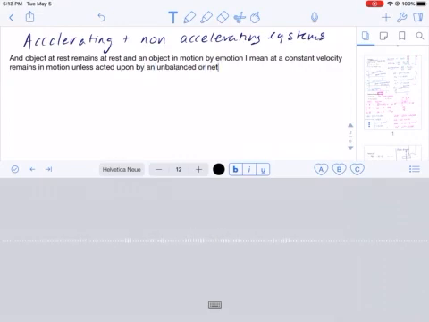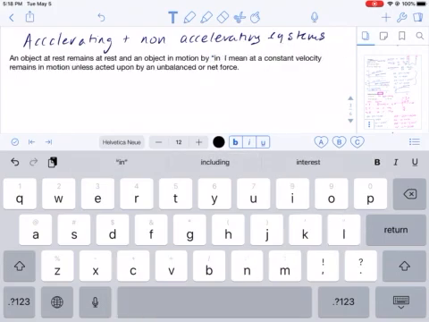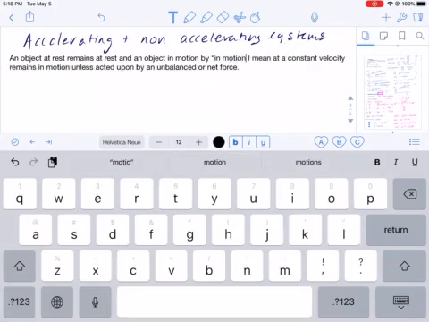Okay, then for Newton's second law, so this is the first one. Let me go back. There we go. The second law is F net equals ma. So now he tells us if there is a net force, what happens to that mass. And then Newton's third law is about force pairs.